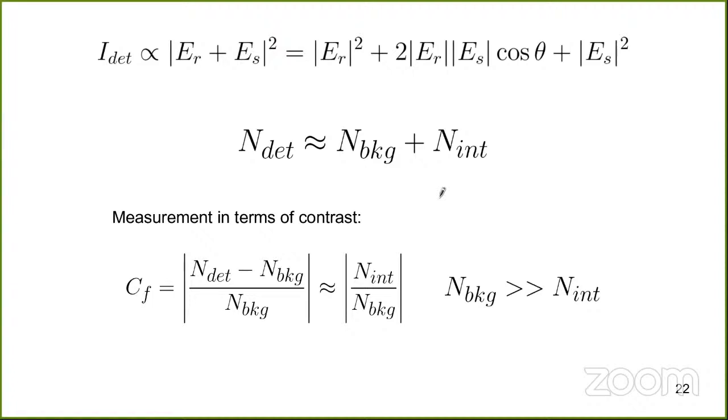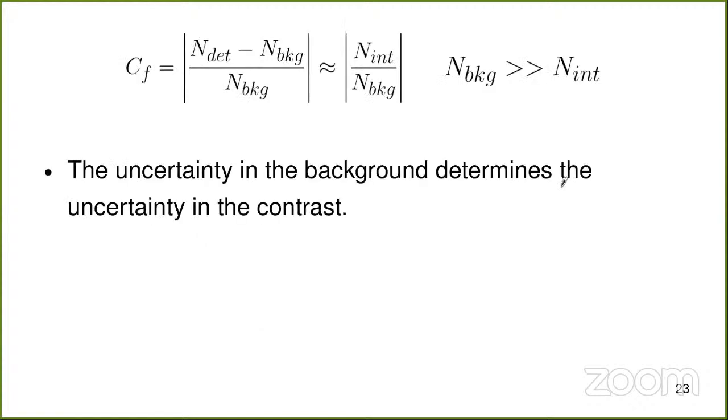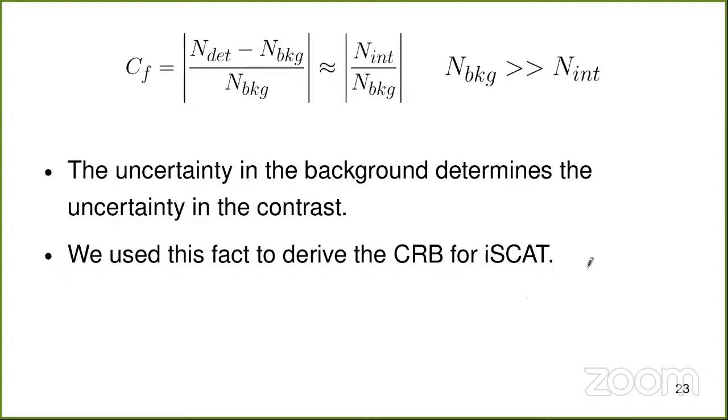And we actually make this measurement in terms of the contrast between the interference and the background. But because the background is so much larger than the interference, the uncertainty in the background is what determines the uncertainty in the contrast, which is what we actually measure. And therefore, this is also what determines the uncertainty in the precision, in the position measurement.